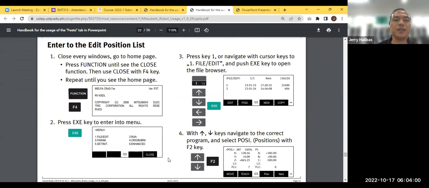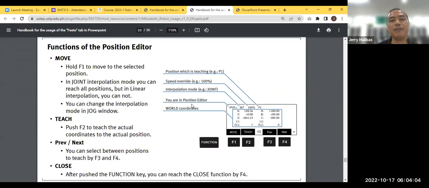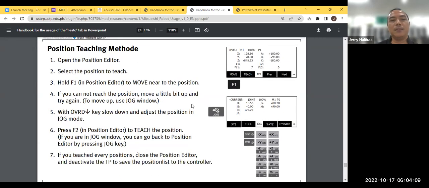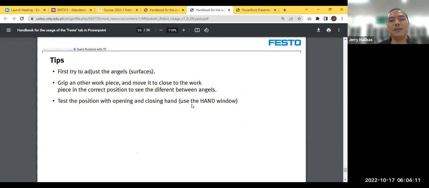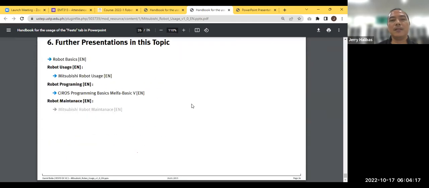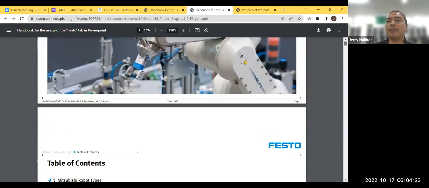Okay, if you're interested, just read this in advance: the position teaching method. Okay, so that's it for the basic one on the robot.